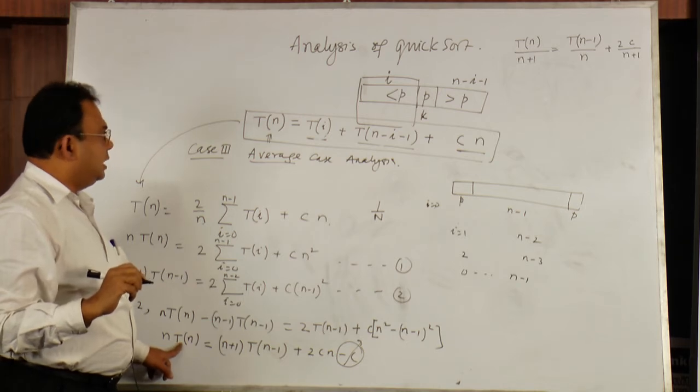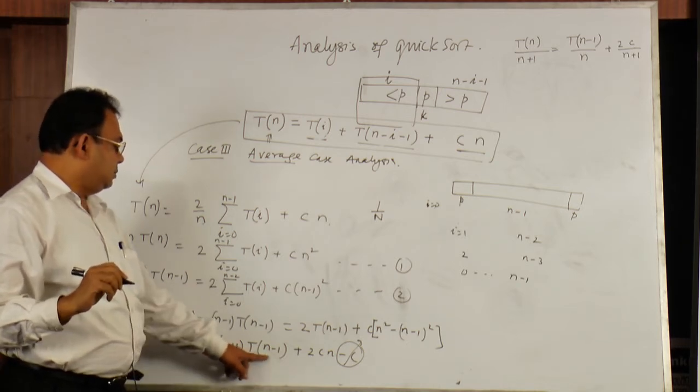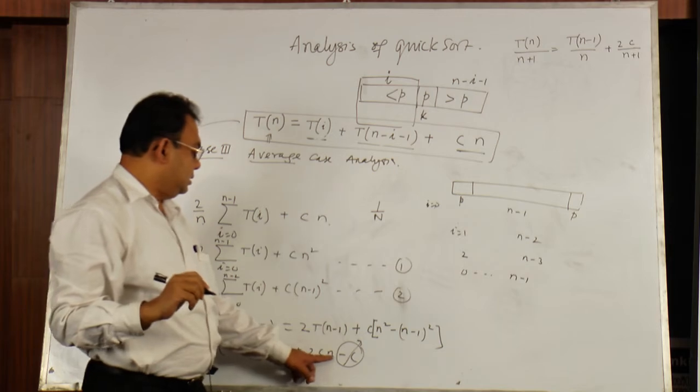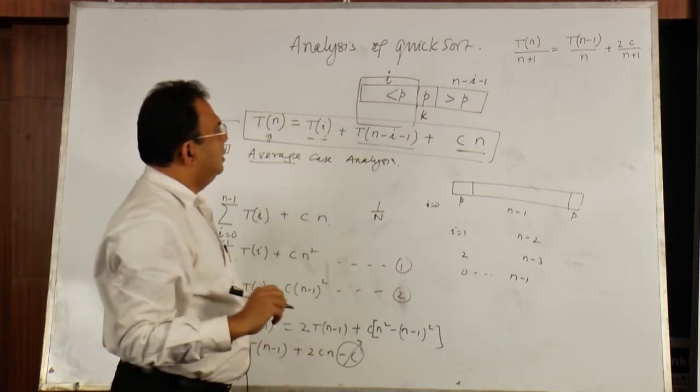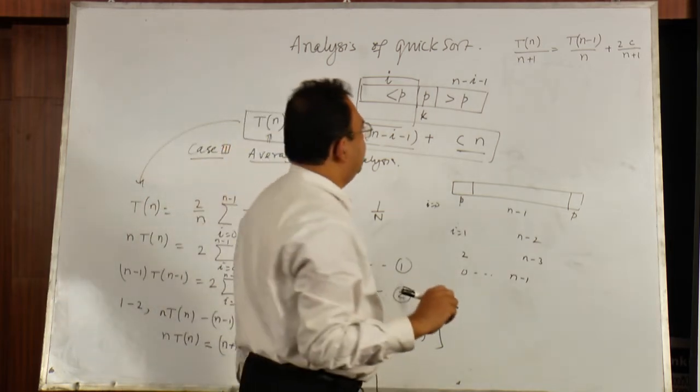So, this is T n by n plus 1, this is T n minus 1 by n plus 2 c by n plus 1. Now, we can apply telescopic expansion.